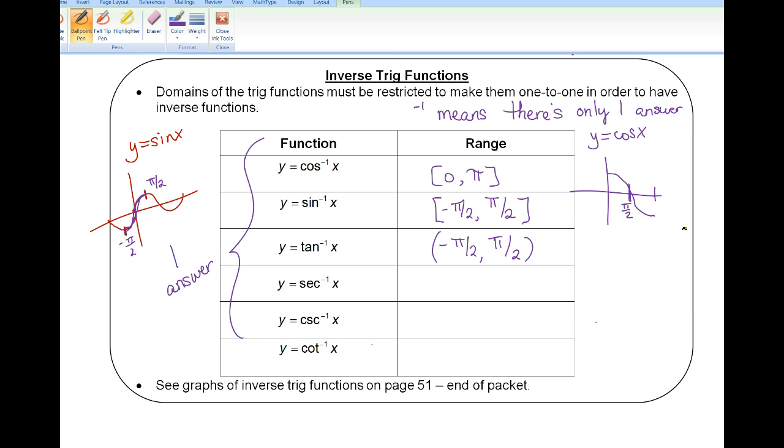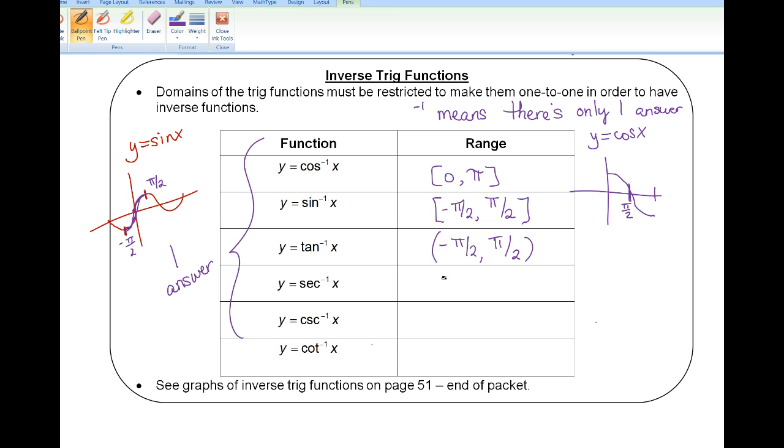Okay, so secant, we're mainly going to focus on sine, cosine, tangent, but I want to make sure we're aware of secant. Secant is the reciprocal of cosine. You can look back here.